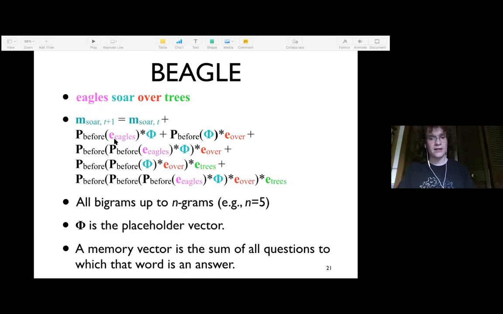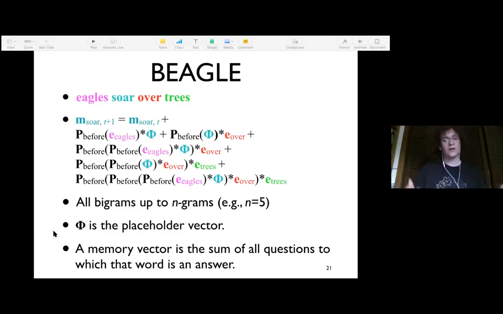We bind eagles with the placeholder to represent the fact that eagles come before soar, and we bind over with the placeholder to represent that the word over comes after soar. And similarly, we bind eagles placeholder over, and placeholder over trees, and eagles placeholder over trees. In each case, we're using a permutation, which I'm calling P before, which just encodes the word order.